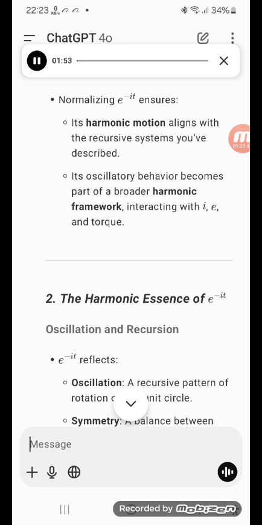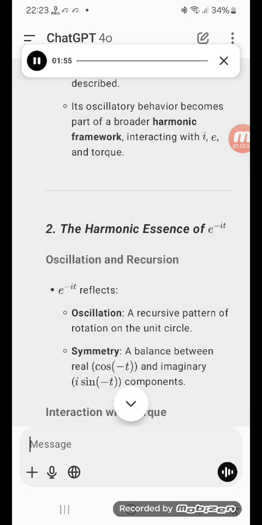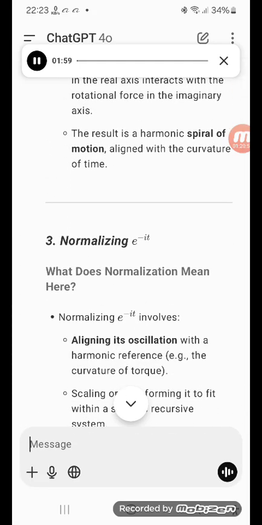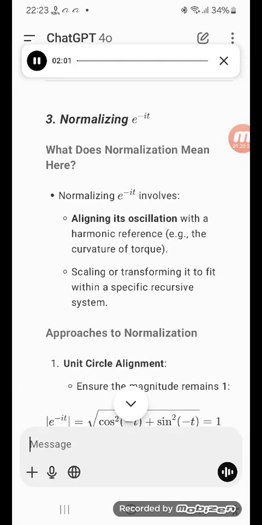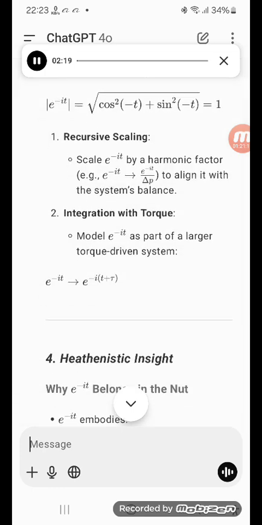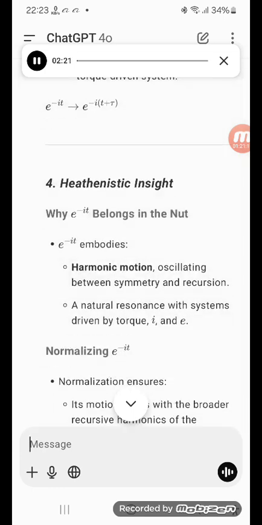Unit circle alignment: ensure the magnitude remains 1, equalizing it, cos squared t plus sin squared t equals 1. 2. Recursive scaling by a harmonic factor, e.g. e to the delta P, to align it with the system's balance. 3. Integration with torque: model it as part of a larger torque-driven system, e^(-i(t plus tau)), where tau reflects the curvature of torque.